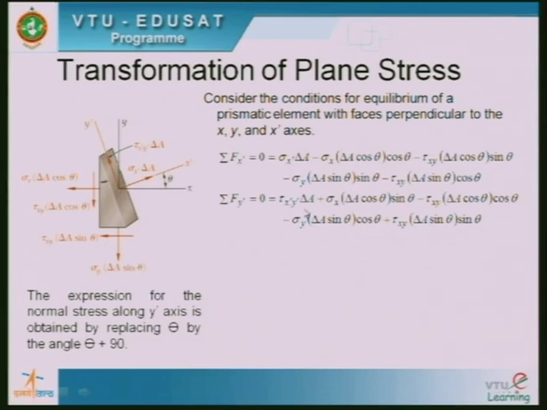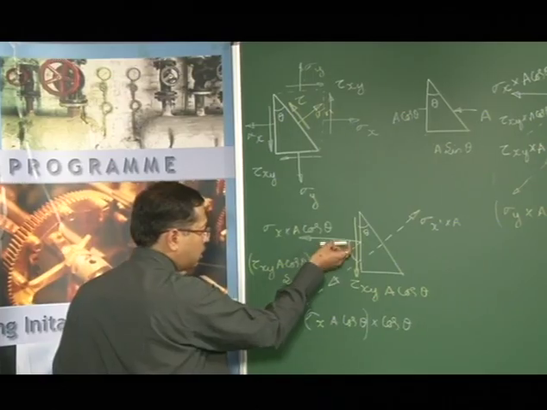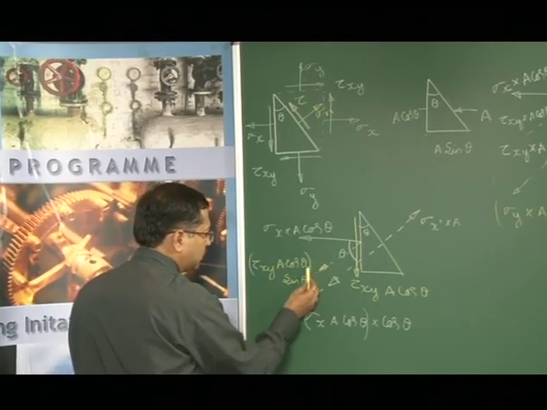It is tau x dash y dash delta a, which is because of this force, which is in the same plane and has the same sense as that of y dash. So it is positive. Then if I resolve this sigma x delta a cos theta, I would resolve it in the opposite sense. Now you can see that we have resolved this along this axis.